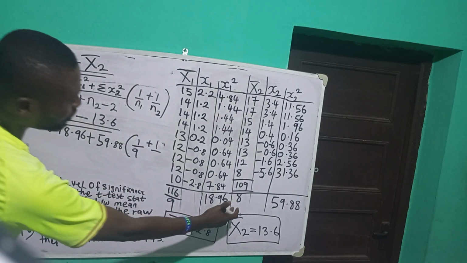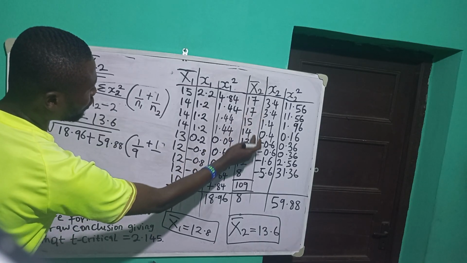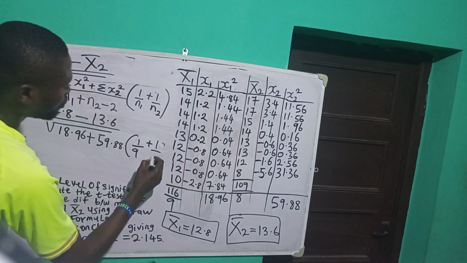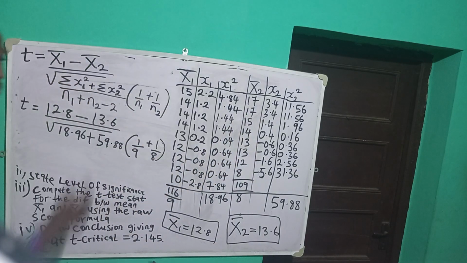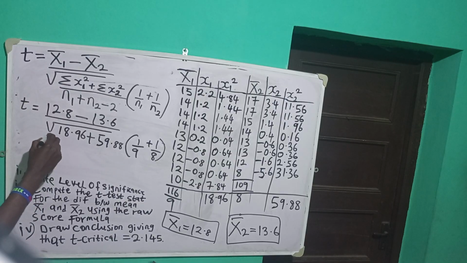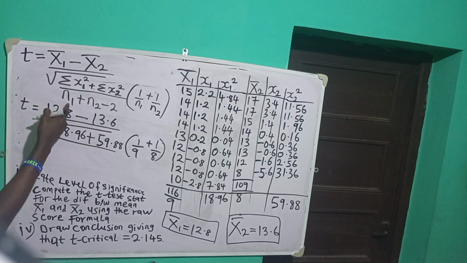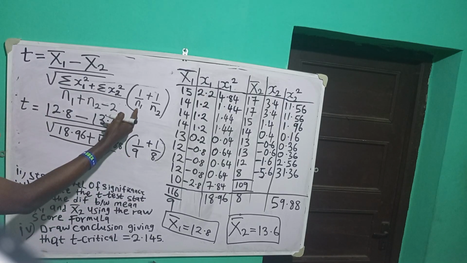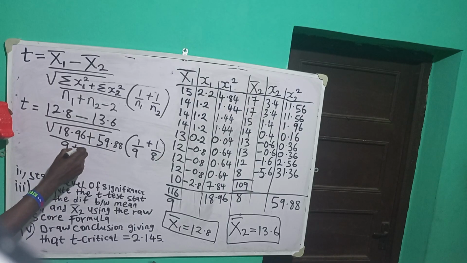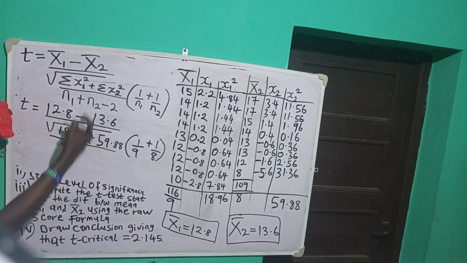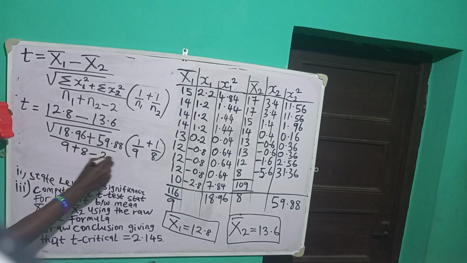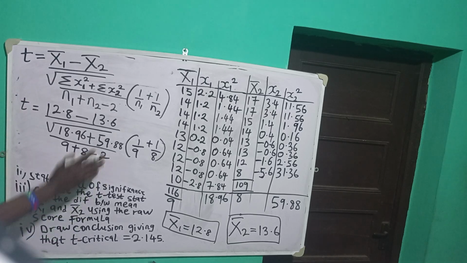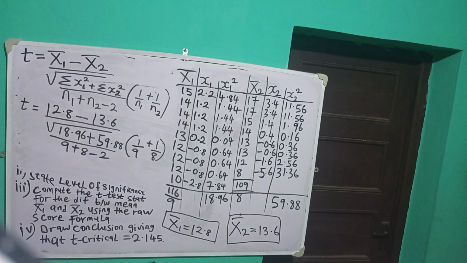N2, how many scores do we have in number 2? 1, 2, 3, 4, 5, 6, 7, 8. So 1 over 8. Then divide by n1, which is 9, plus n2, which is 8, then minus 2.